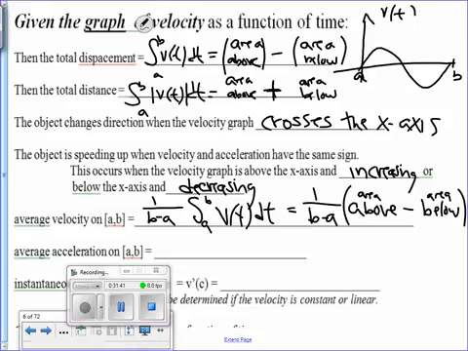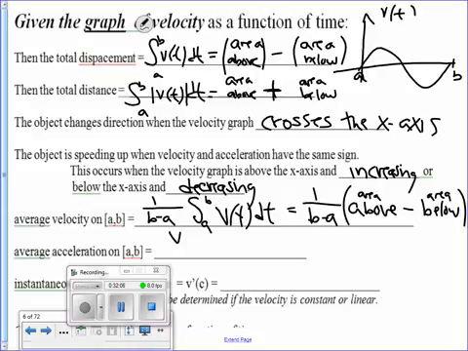Okay, now, again, we're given the velocity graph, and they say find the average acceleration on the interval from a to b. It's just the slope formula, because acceleration is the rate of change of velocity. It's the derivative of velocity.